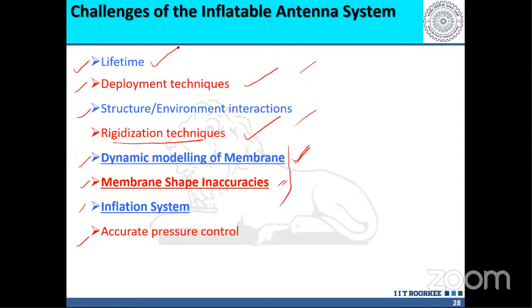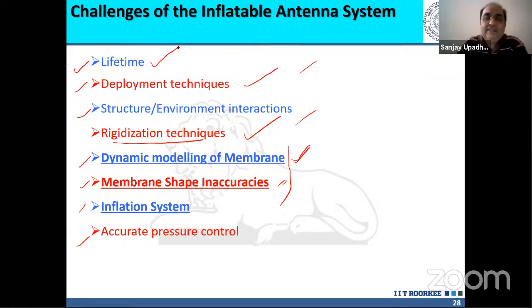Sir, I have a question. How do you deploy the gas? How is the inflation process done? How is the gas stored? In space, you don't have a tank of gas. Well, actually, we are still going to study that. Some small cylinders of gas will be attached to this system, so it will be directly inflated. The inflation system is a challenge and is still unexplored.